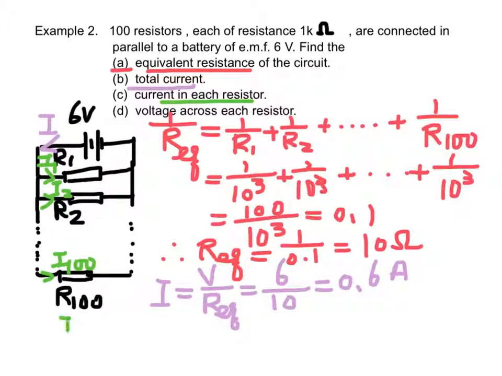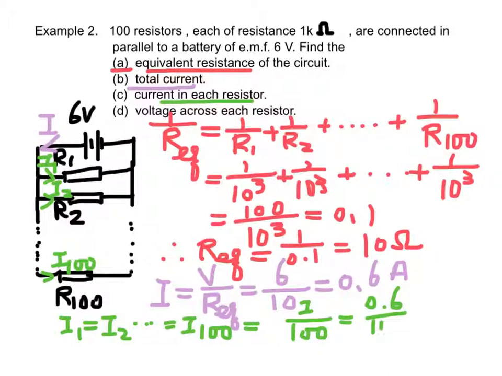Therefore, I1 equal to I2 up to I100 equal to I over 100 equal to 0.6 over 100.